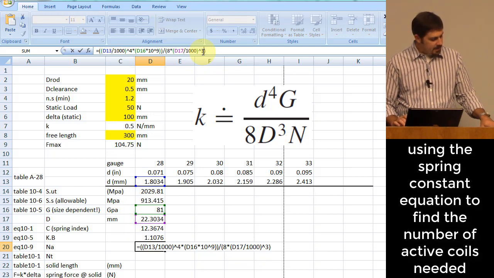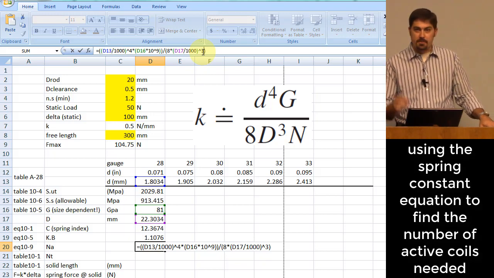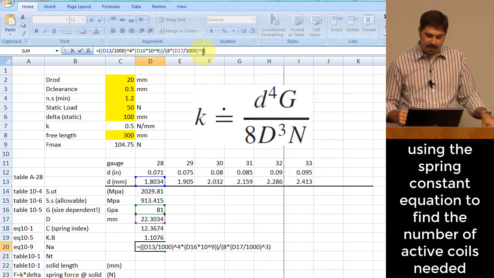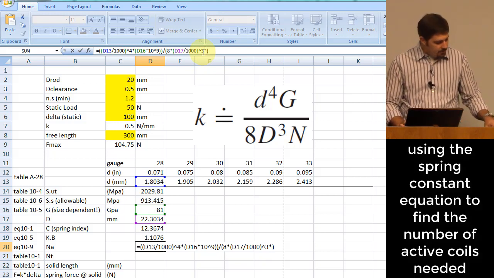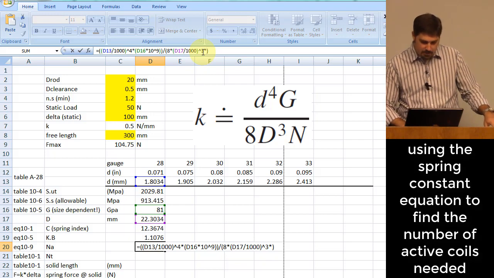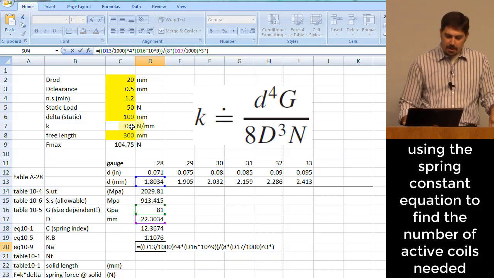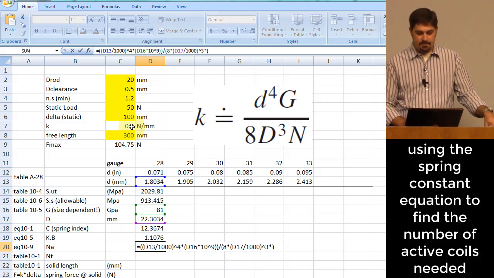So then what's my last thing in here? Because I swapped the position of spring constant with the position of N, and I'm trying to calculate N right here, I put spring constant as my last value that I put in here. And that spring constant that I'm looking for is newtons per millimeter. So how many newtons per meter is that?